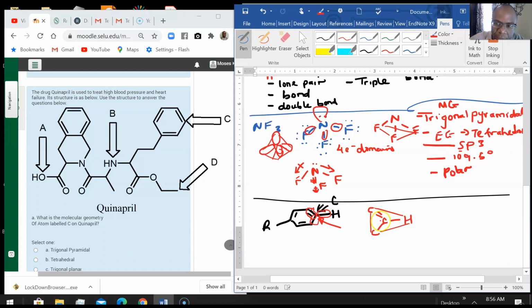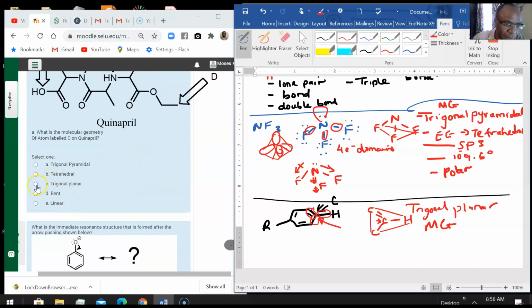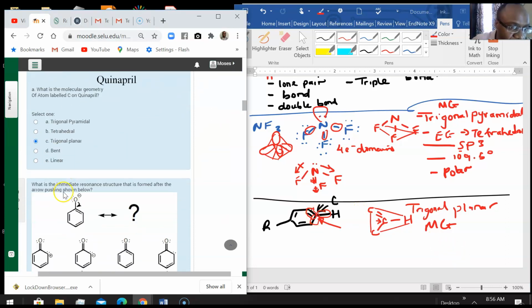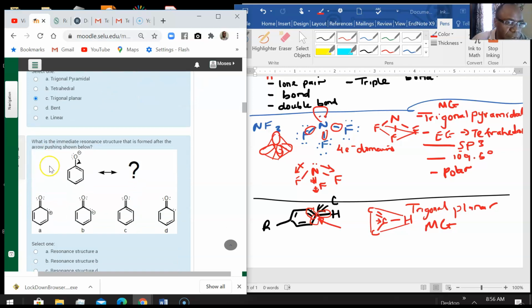And because there is a double bond there, I gave you the shortcut in class and told you it must be planar. It's planar, and you're connecting 3 atoms, so it's trigonal. So MG on C is trigonal planar. There's no lone pair, so EG will also be trigonal planar because there's no lone pair on the carbon marked C.